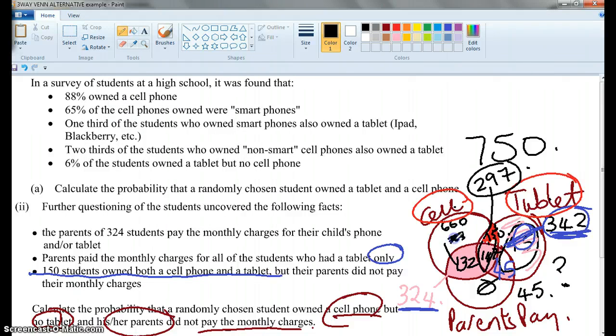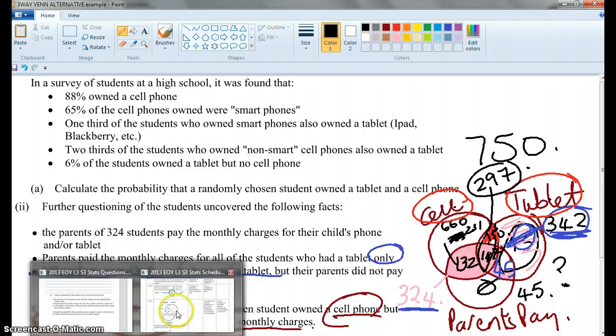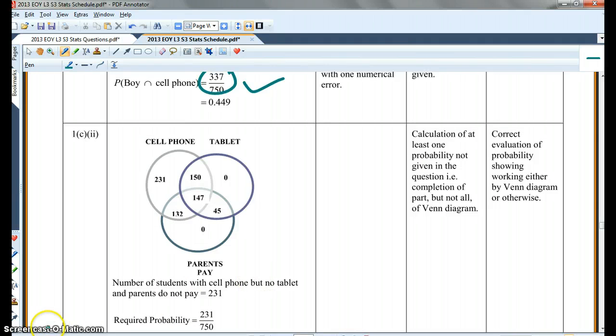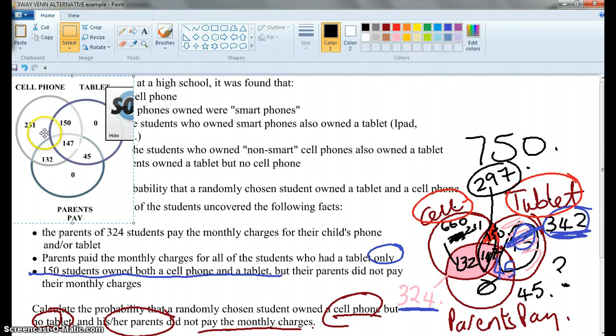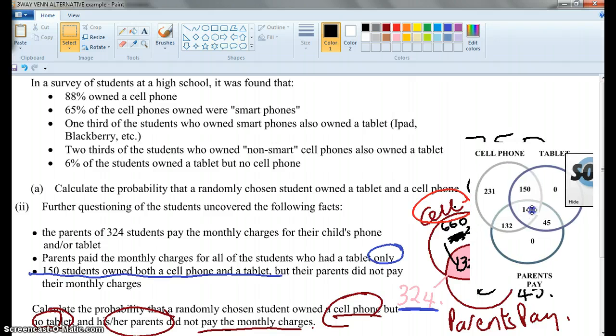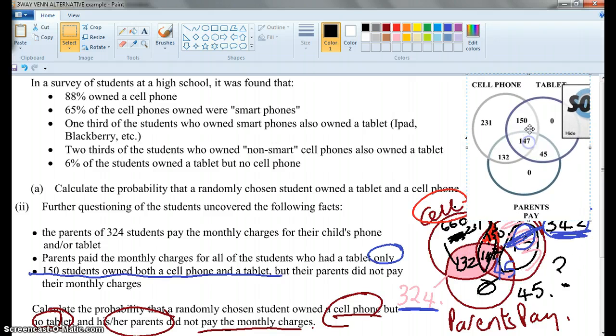So in here, that's got to be 231. Now let's just check the answer. So I've got my 231, my 150, my 147, my 132, my 45, my 0 and my 0. So I have got that same probability tree.